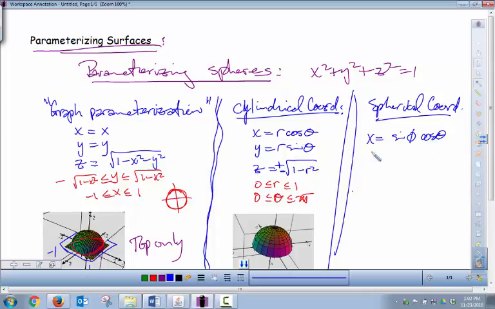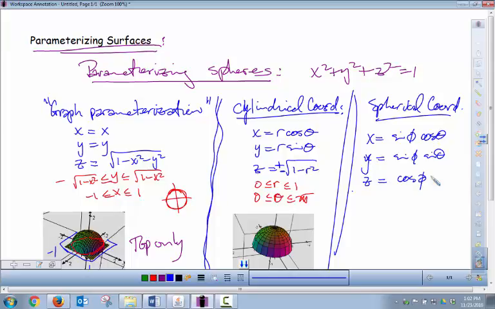Notice I don't have rho. Why not? Because rho is 1. So rho is equal to 1 in this case.